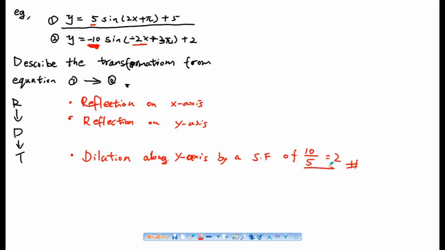That's the mathematical way to find it, just 10 divided by 5. Sometimes you may get a fraction there.